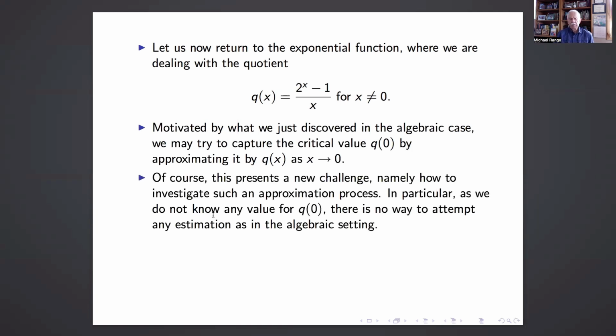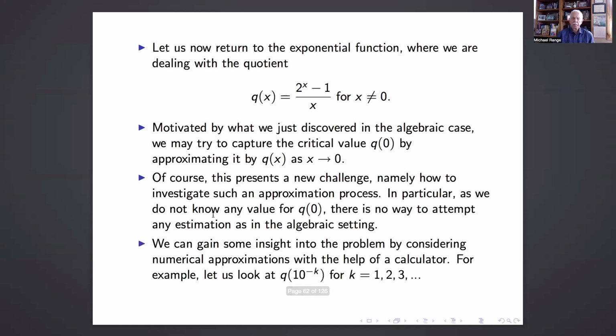Of course, this presents a new challenge, namely how to investigate such an approximation process. In particular, as we do not know any value for q at 0, there is no way to attempt any estimation as in the algebraic setting.